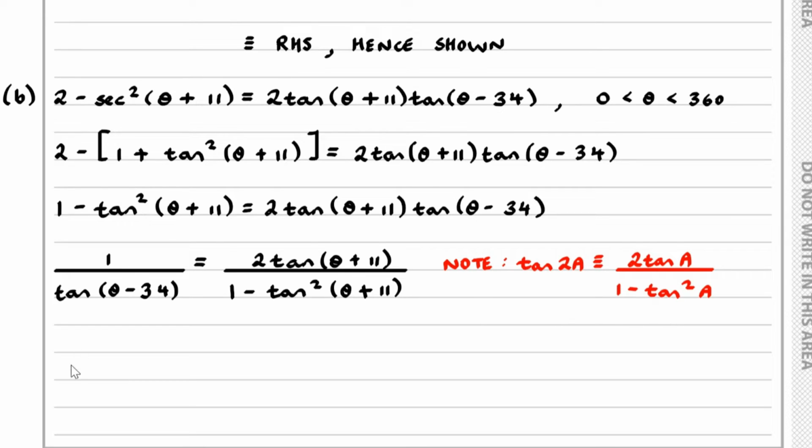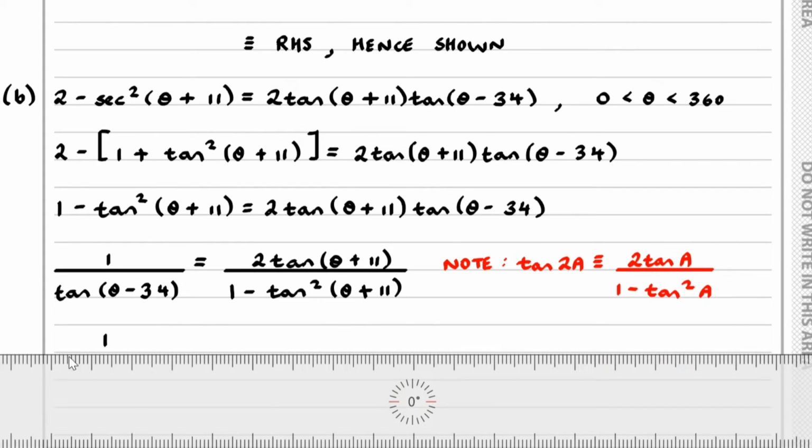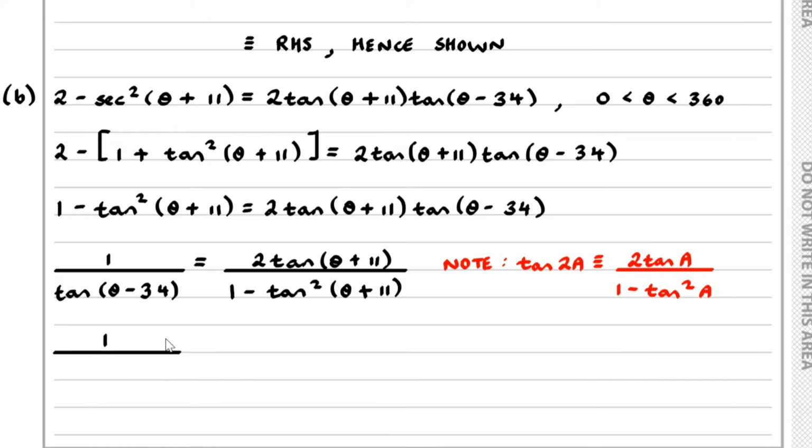And so the left hand side would remain the same as 1 divided by tan of theta minus 34, but the right hand side is of the form tan of 2 multiplied by theta plus 11, as we see here.